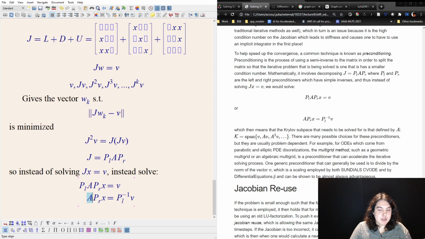Now you just have to solve the linear system: A times this vector equals this vector, right? You can try to choose the left and right preconditioners such that the matrix has eigenvalues which are closer together, the largest and smallest eigenvalue closer together, and P_L is easy to invert.